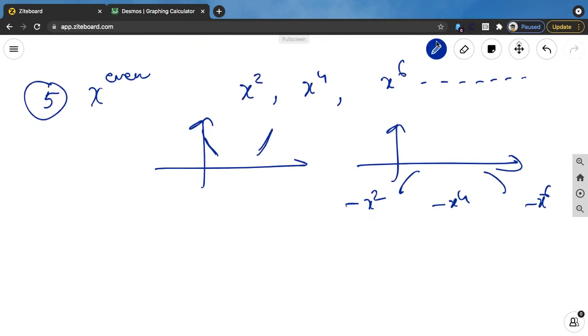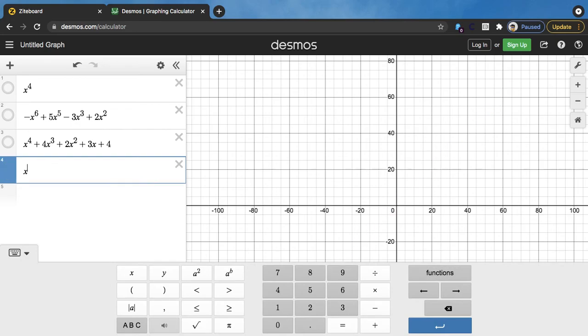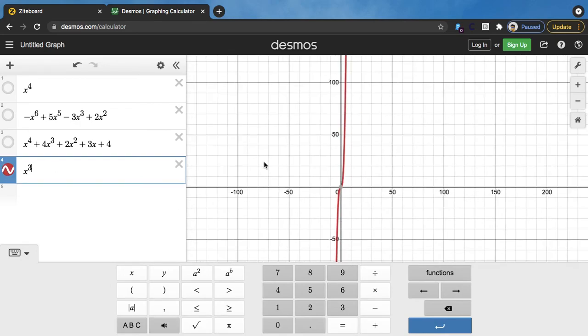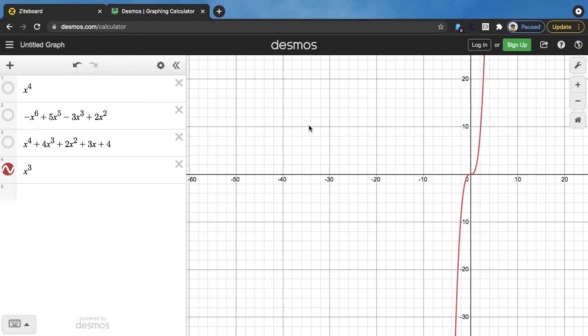What about odd functions? Like x cubed, x raised to 5, x raised to 7, what happens to these kinds of graphs? If we graph x cubed, we realize that one arm is up and one arm is down.